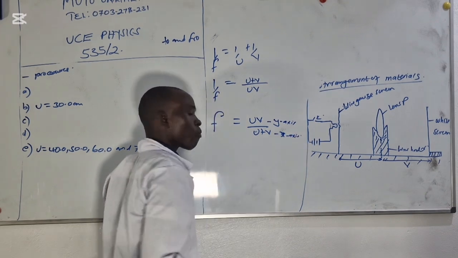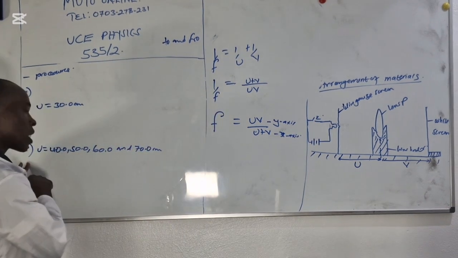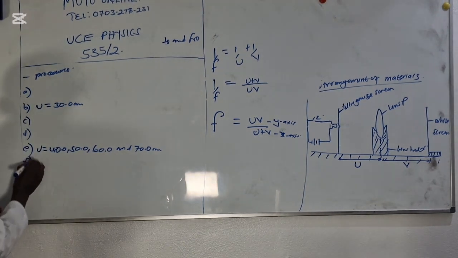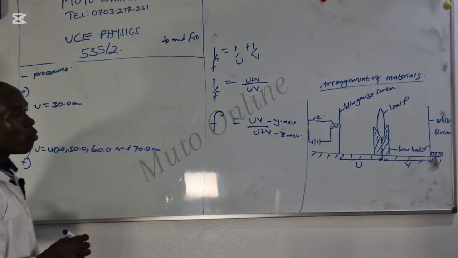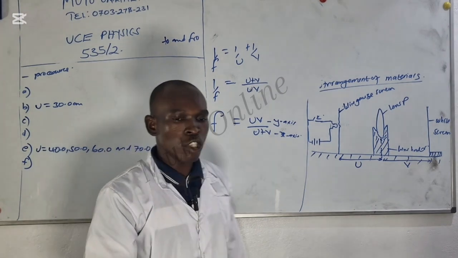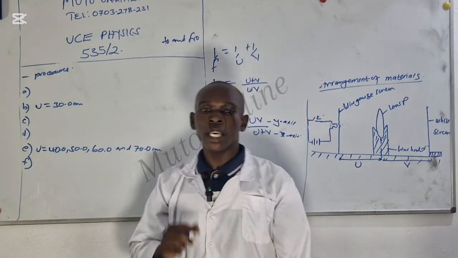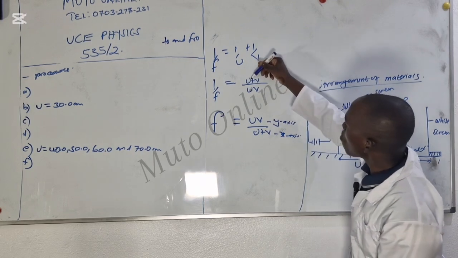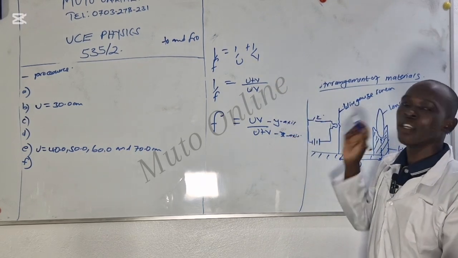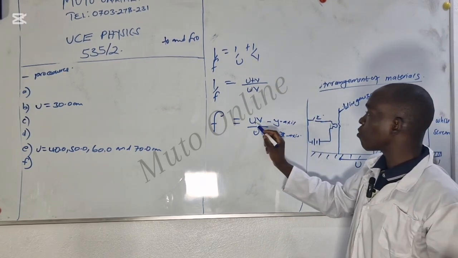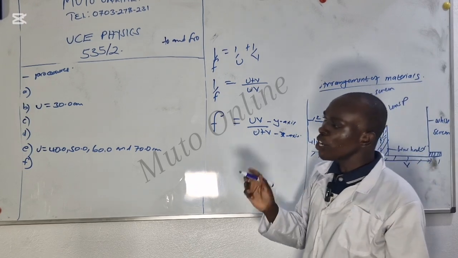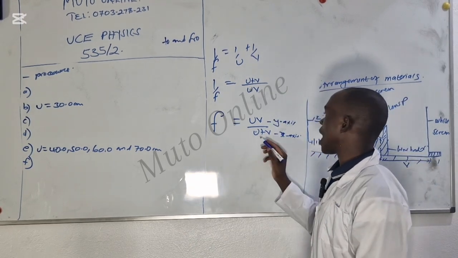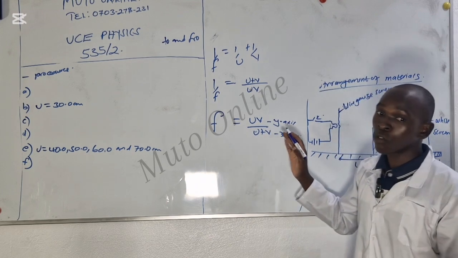Now we are going to have our next procedure here, a, b, c, d, e, f. We are going to say, record your values in a suitable table, including values of u plus v and uv. Why do we need to include these values?